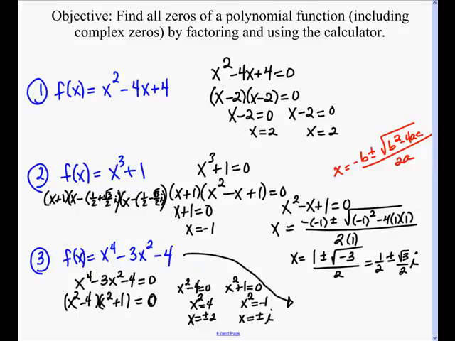So if we apply that to the factored form, just so you can see that there are n factors, we could write that polynomial as really x plus 2 times x minus 2 times x plus i times x minus i, right? Because that's really x minus negative 2, x minus 2, x minus negative i, and x minus i.